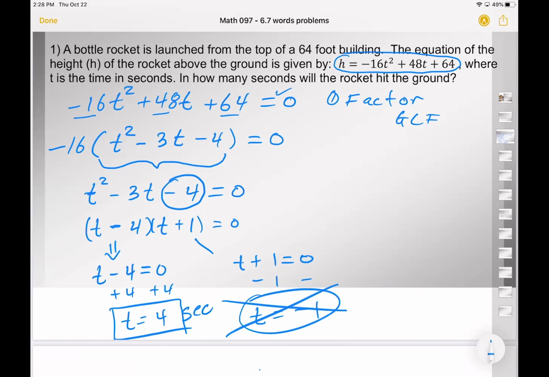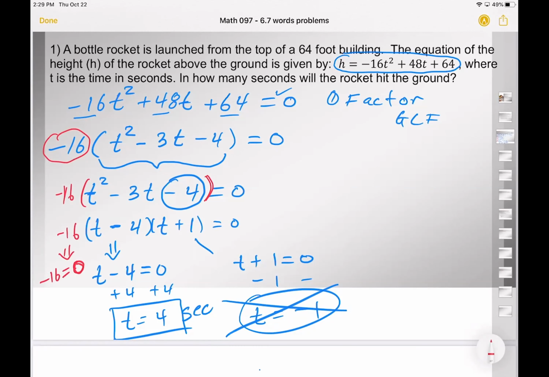One thing is, I know some of you probably say, well, Mr. Tran, what happened to this -16? If you carry down the -16, at this step, would it ever be true that -16 equals 0? It can't, right?